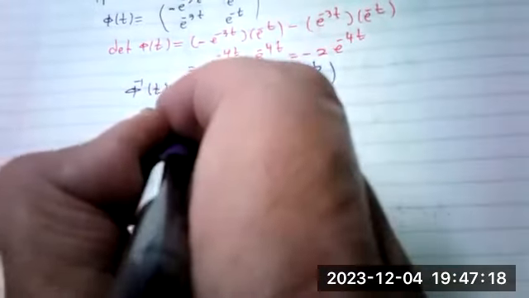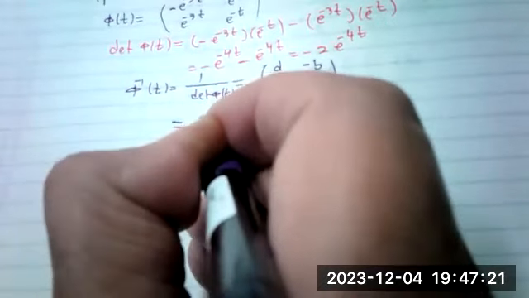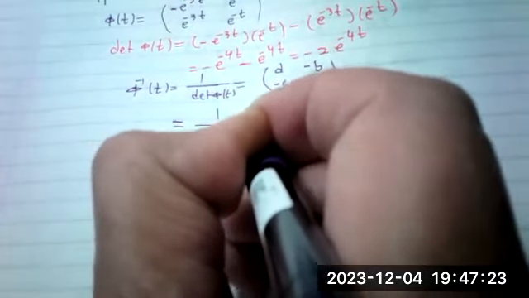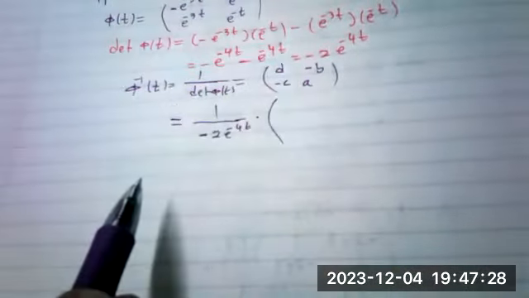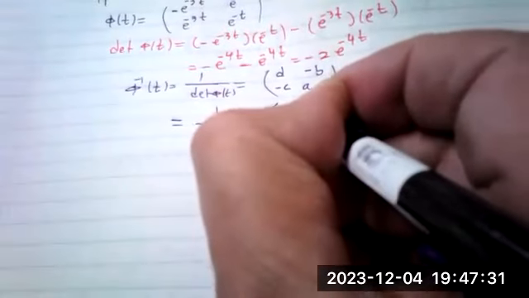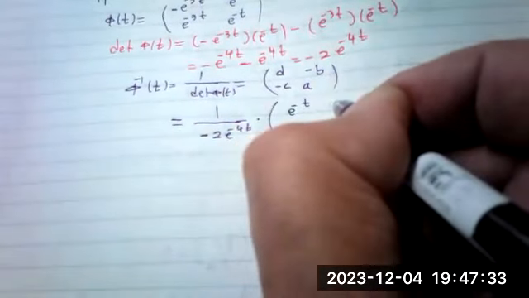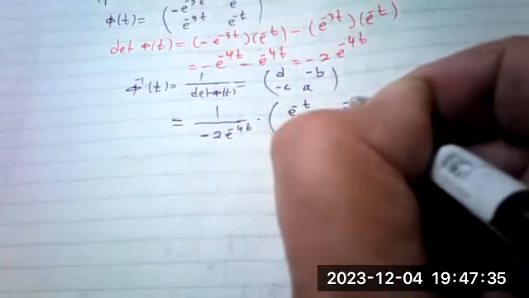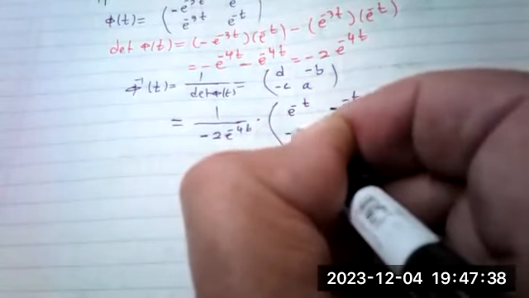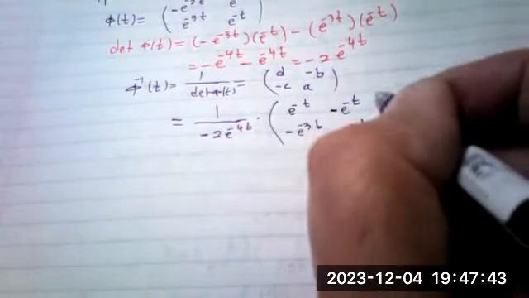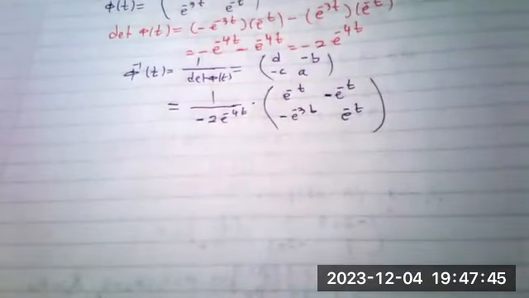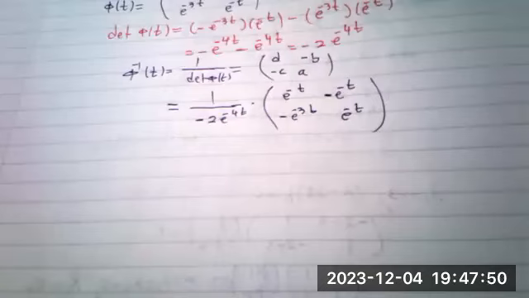So it's going to be equal to 1 over negative 2 e to the negative 4t times, switch the ones on the diagonal, so that gives you e to the negative t. You switch the sign, negative e to the negative t, switch the sign, negative e to the 3t, and this would be e to the negative t. You get the inverse. You switch the ones on the main diagonal, and for the other ones, you multiply by negative 1.